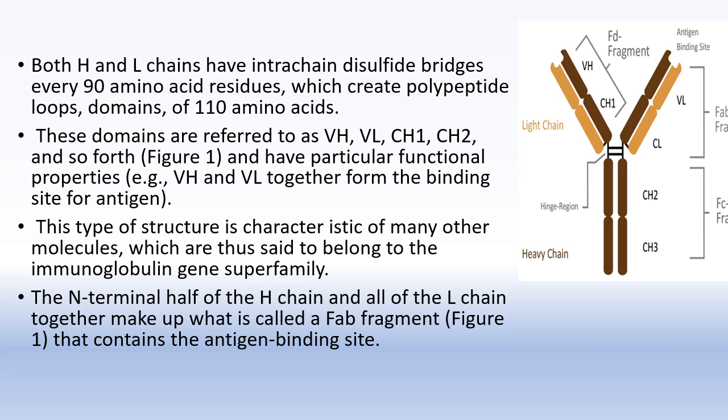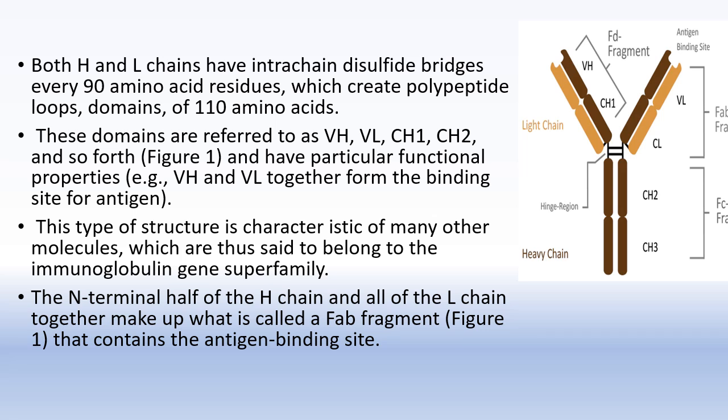Both H and L chains have intrachain disulfide bridges every 90 amino acid residues, which create polypeptide loops, domains of 120, 110 amino acids. These domains are referred to as VH, VL, CH1, CH2, and so forth, and have particular functional properties, for example VH and VL together form the binding site for antigen.